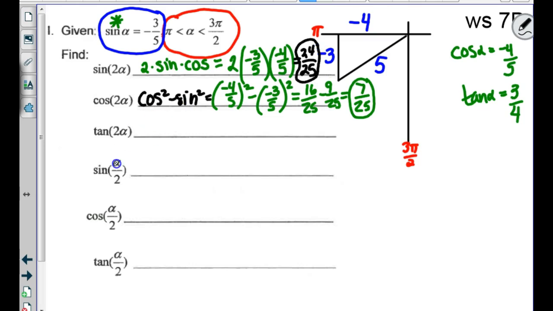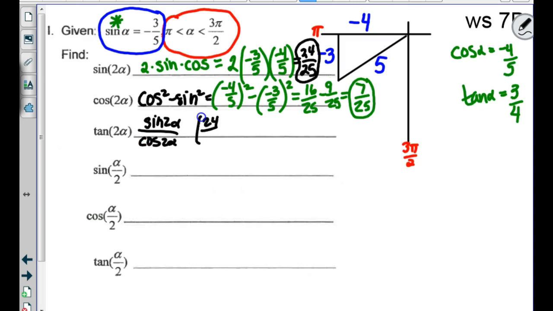Okay, the tangent formula is real ugly. Do you remember my shortcut? It's sine of 2 theta or alpha over cosine of 2 alpha, which means we already have those numbers.